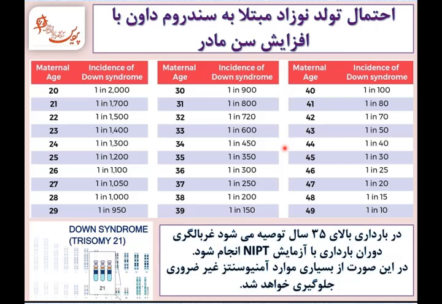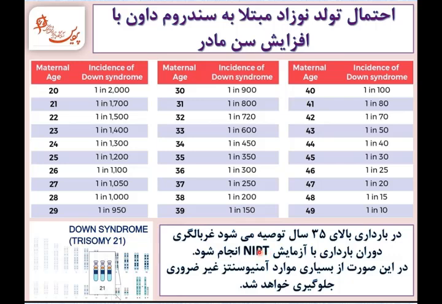So right now, the age of marriage has gone up, and therefore the pregnancy age is a lot of times higher than 35 years old. So there is a recommendation that instead of doing the biochemical testing, we do NIPT, non-invasive prenatal test.